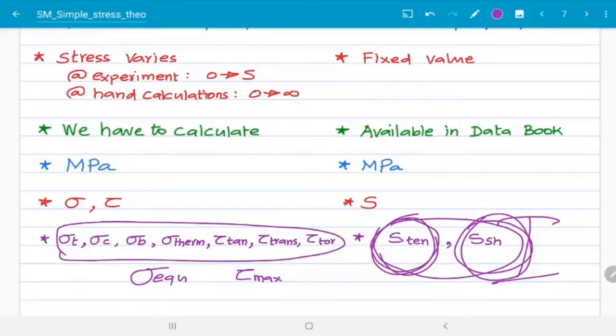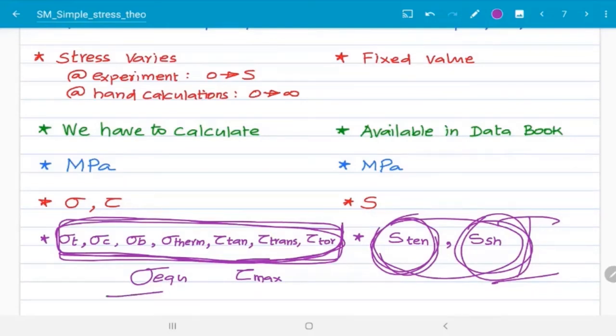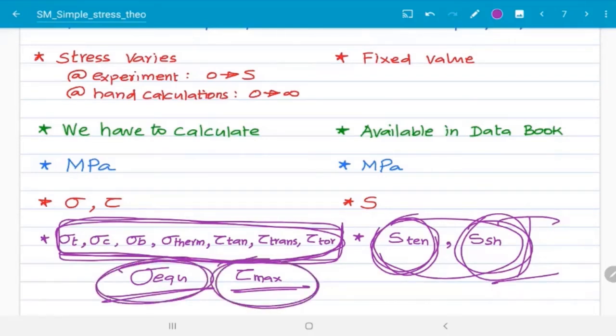But you know, the externally applied stresses should not be directly used for comparison. We have to calculate either sigma equivalent or tau max. Compulsorily, any one should be calculated. It is nothing but principal stress, or maximum shear stress.